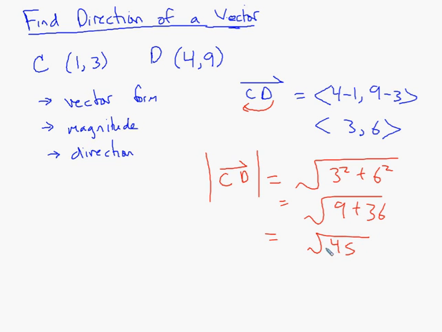Then we need to simplify that. It will become 3 root 5. Anyone need to know how we get that? Okay. So that is our magnitude. We have our magnitude and our vector form. Let's itemize these.